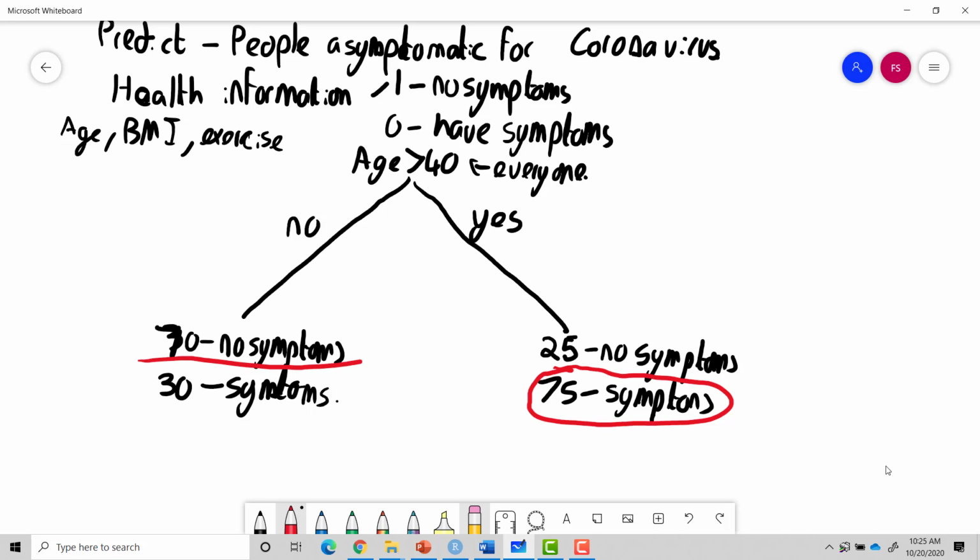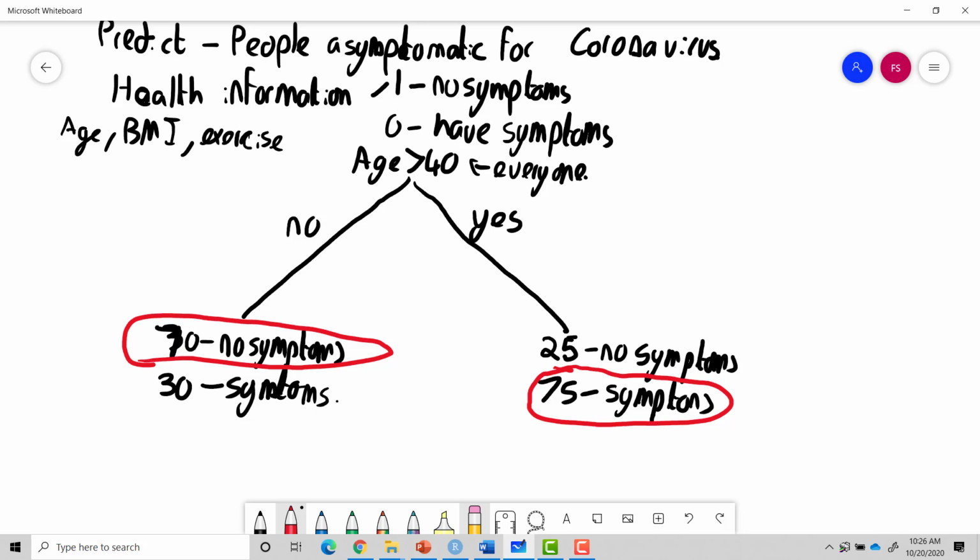And here, this is a majority class, so we choose this here. This is my training data set. When we have test items or new items, we say if your age is greater than 40, we classify you as having symptoms. We guess that you have symptoms. And if your age is less than or equal to 40, we classify that you don't have symptoms. So it's a very simple classifier based on one particular feature.